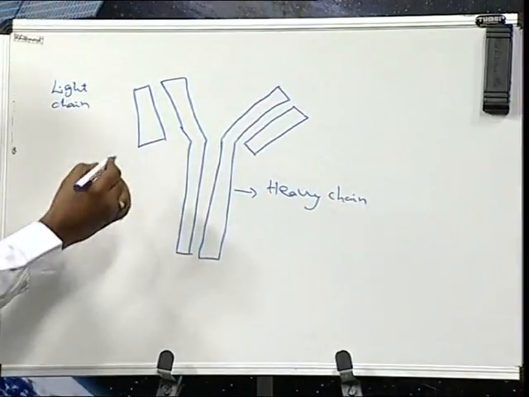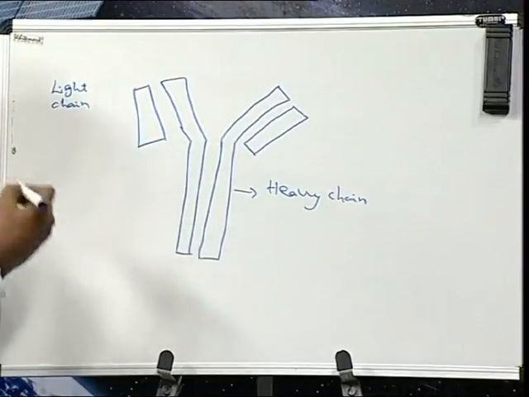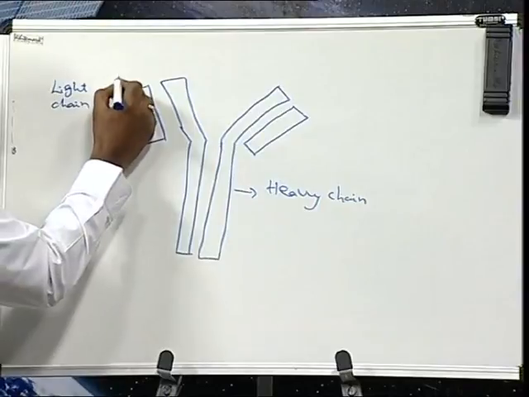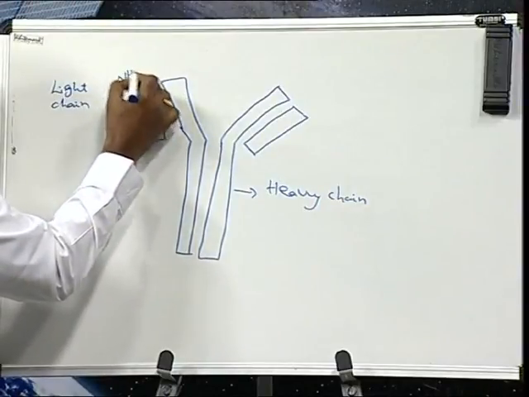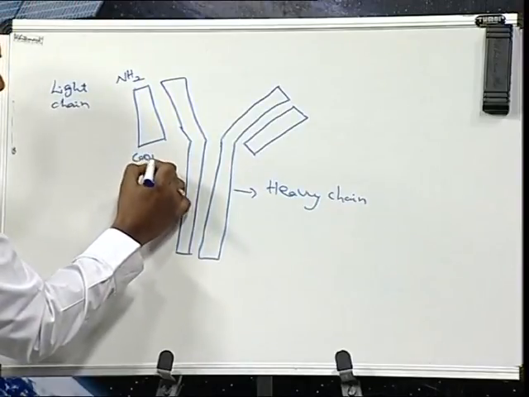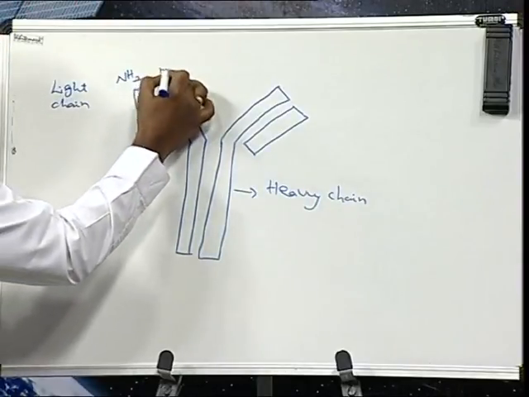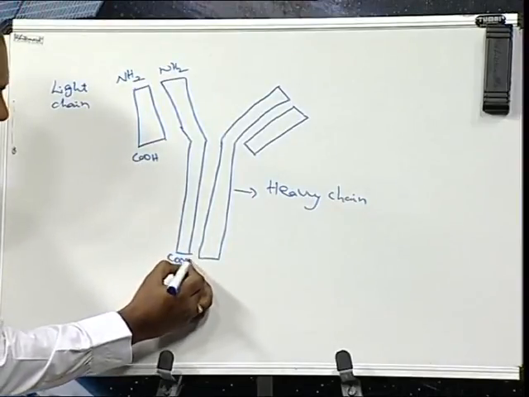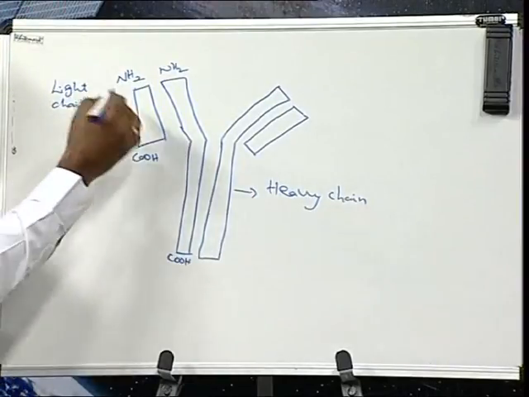This light chain belongs to the proteins, that is why I gave the name immunoglobulin, or globular protein. It starts with the first amino acid, the N terminal, and it ends with the carboxyl terminal. Same way, the heavy chain also starts with the amino terminal and ends with the carboxy terminal.